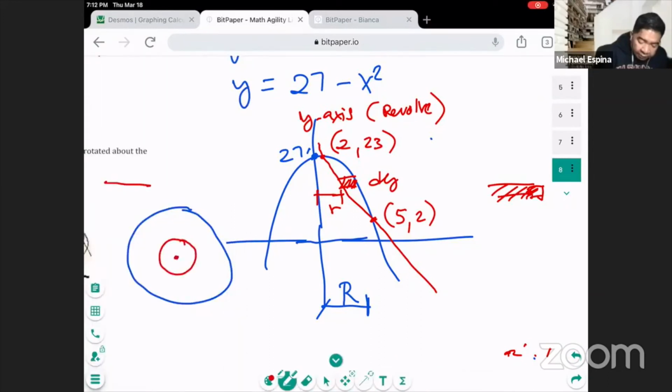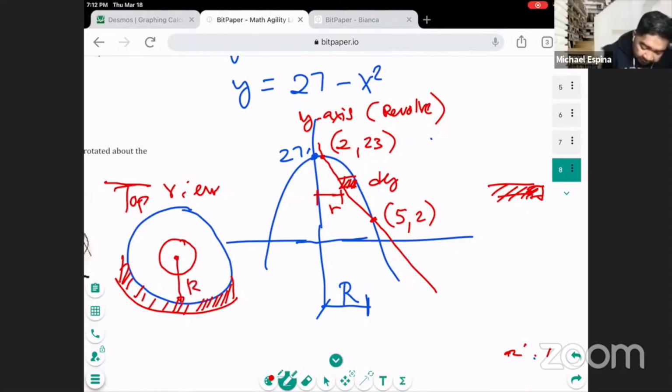The middle part would be your y-axis, where we revolve the two curves. So this is the top view of our curve, and this is the thickness of our slice. From the middle up to the end, that's your bigger R, and the smaller r would be the one inside the smaller circle, and this would be our thickness, dy.